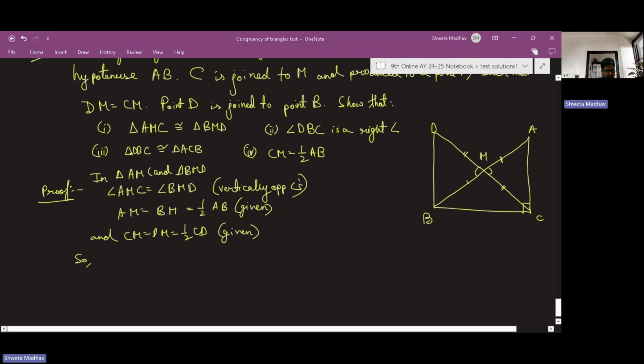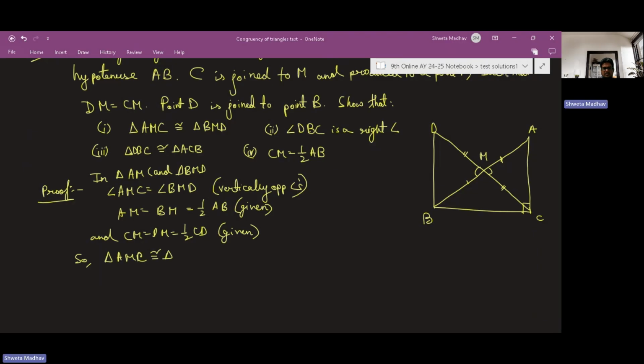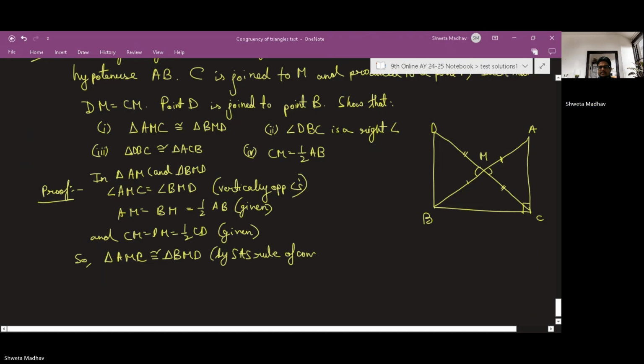So I can say that triangle AMC is congruent to triangle BMD by SAS rule of congruency, since two sides and the included angle in these two triangles are equal. So by SAS rule of congruency, these two triangles are congruent.